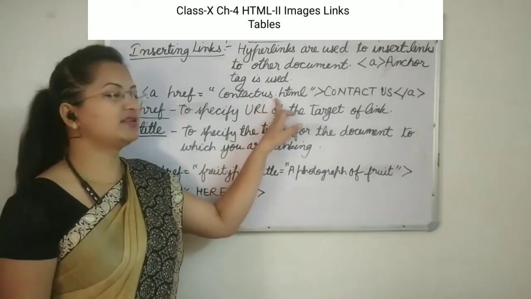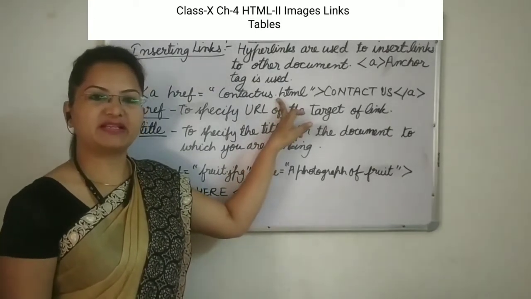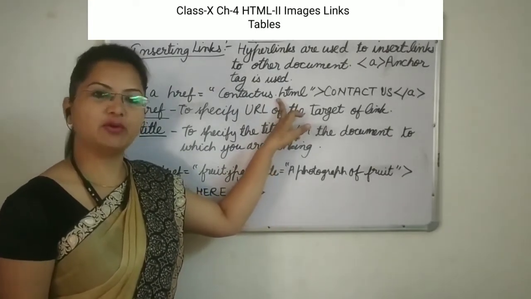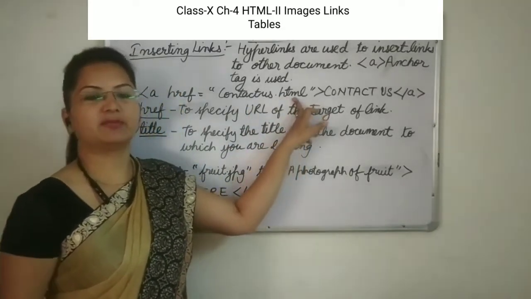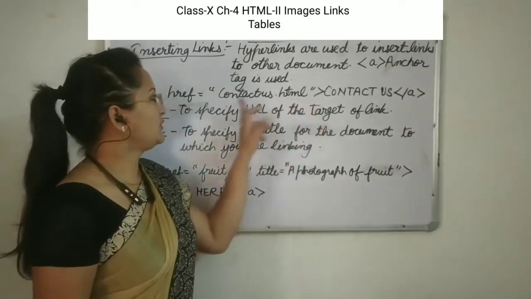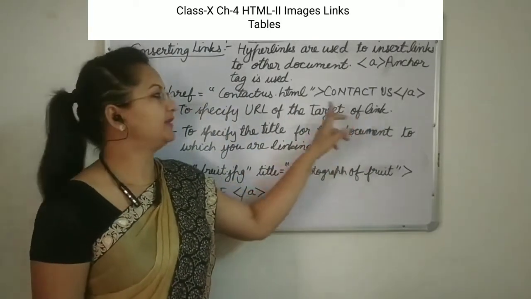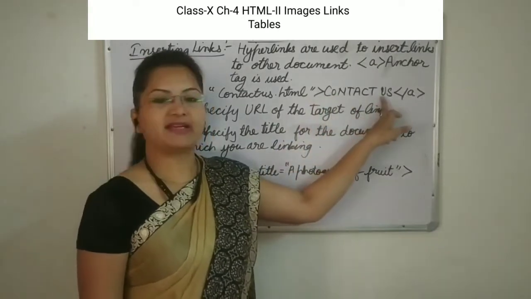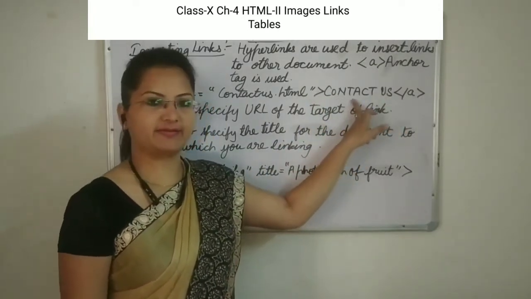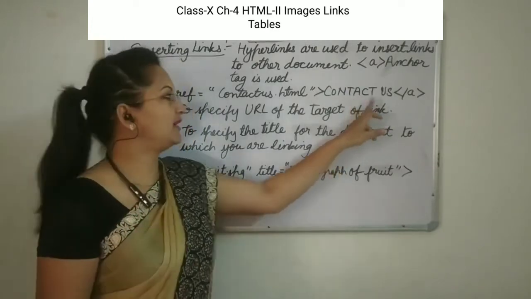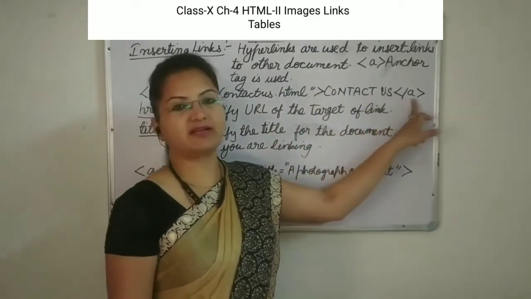If we have inserted a picture, the picture will open. If we have inserted the URL of the website, meaning the address of the website, then the website will open. If we have written the HTML page address, then the page will open. So in href, we have to specify the URL of the target of the link. And here this is the anchored text. That means you will be able to see only this, contact us. And when you click on contact us, it will take you to the contactus.html page. And here the anchor tag is closed.